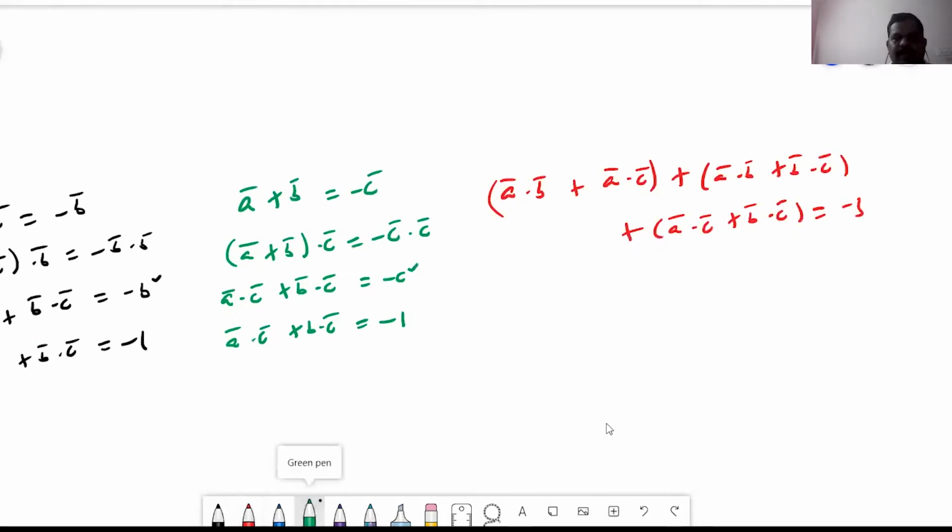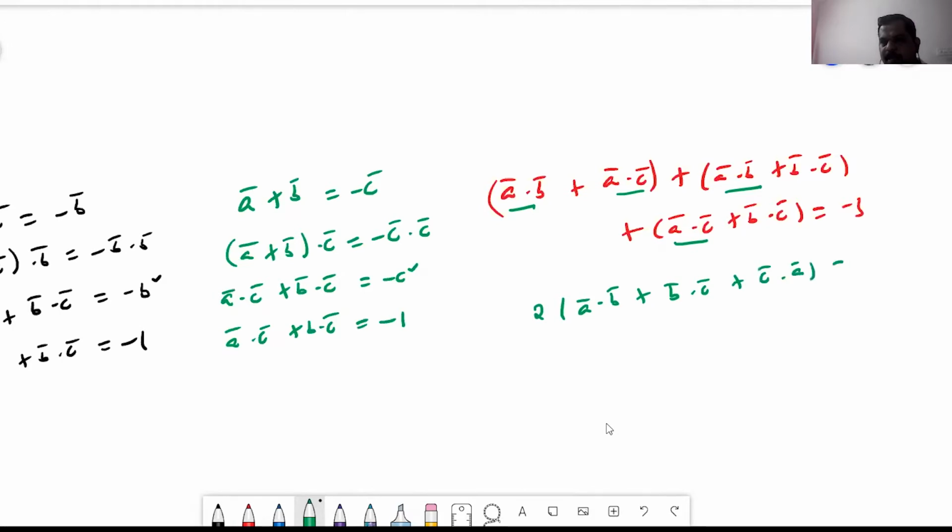If you look clearly, you have 2 times A bar dot B bar, 2 times B bar dot C bar, and 2 times A bar dot C bar. So overall, 2 times A bar dot B bar plus B bar dot C bar plus A bar dot C bar, and C bar dot A bar we can write either way.